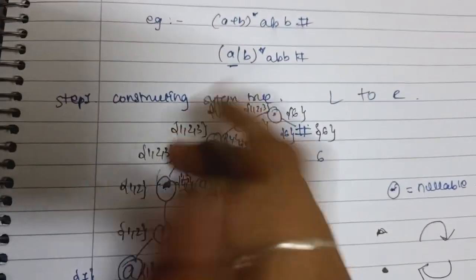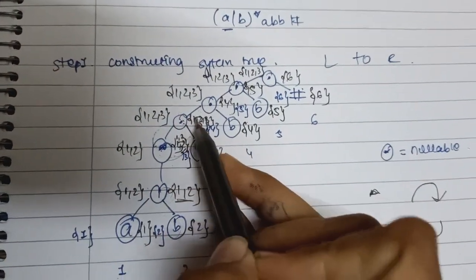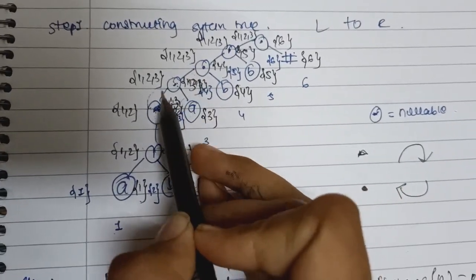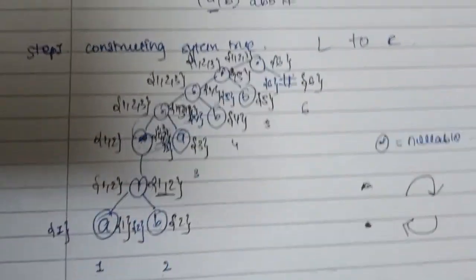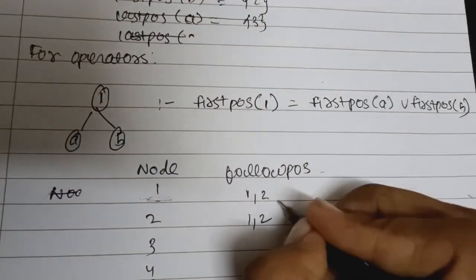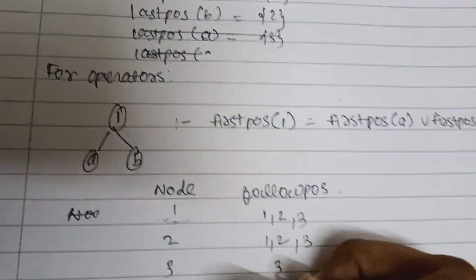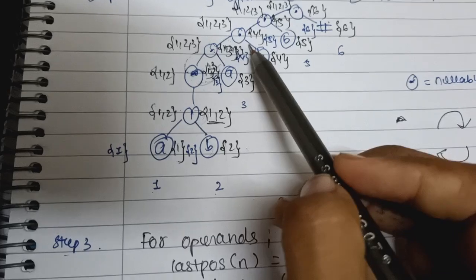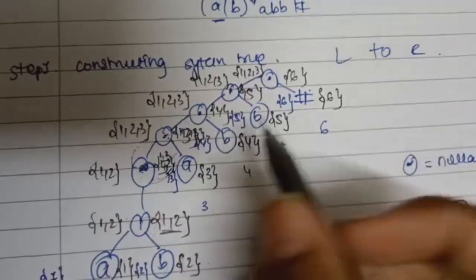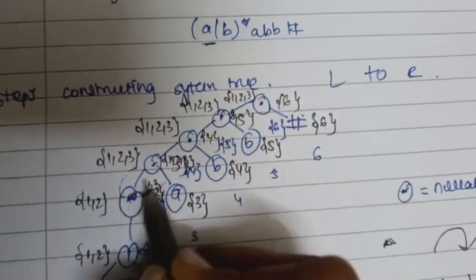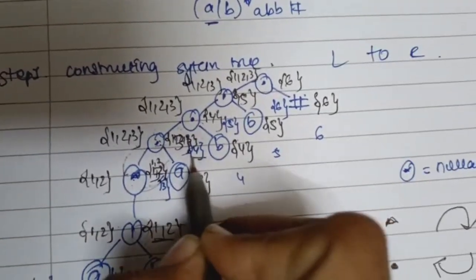Now when we are doing this operator, we need to follow these directions. For 1, 2 it is 3, so we'll just write 3 here. Similarly, for this operator, for 3 the follow position will be 4.